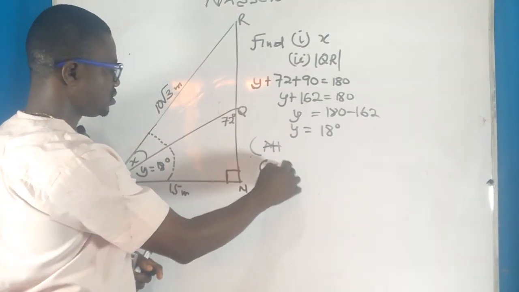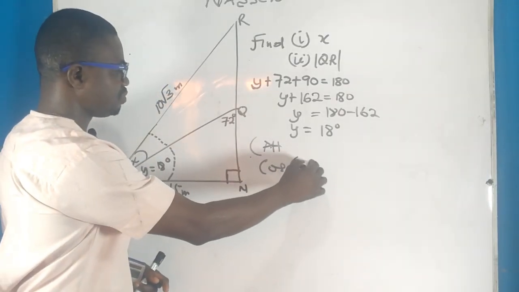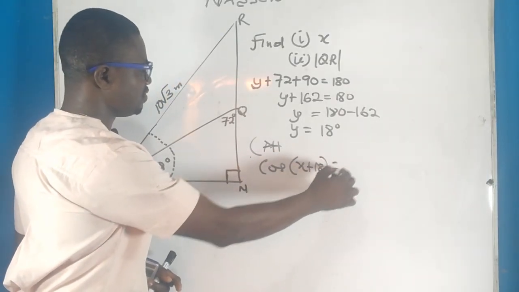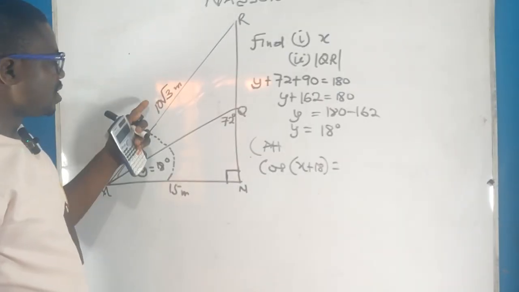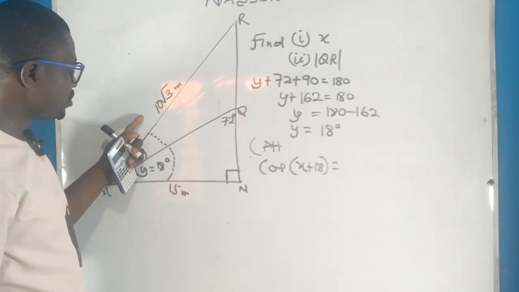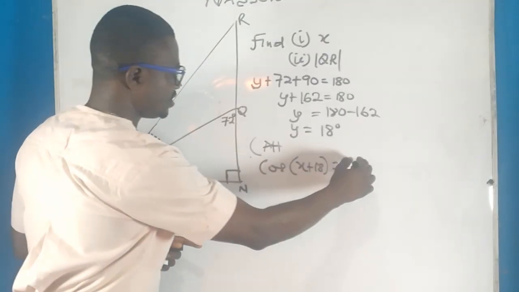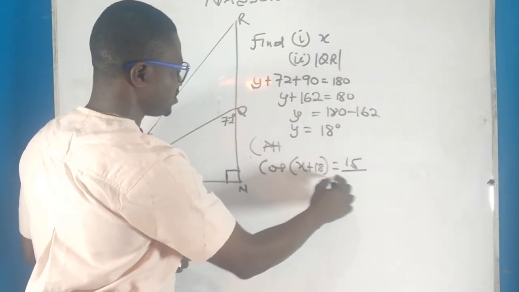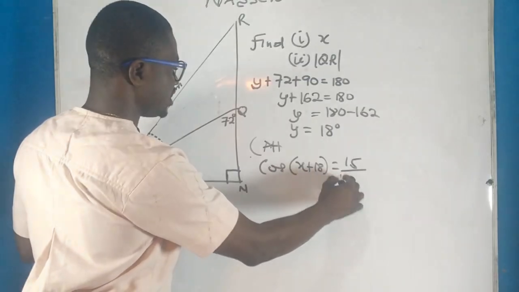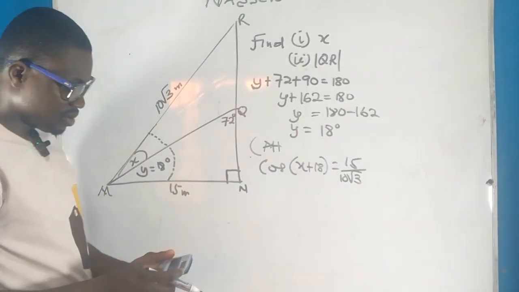So cos, and let's take these two, the sum of x plus 18 is giving you our adjacent, and this is our hypotenuse. So our adjacent is 15 and then our hypotenuse is 10 root 3. Now let's find 10 root 3.